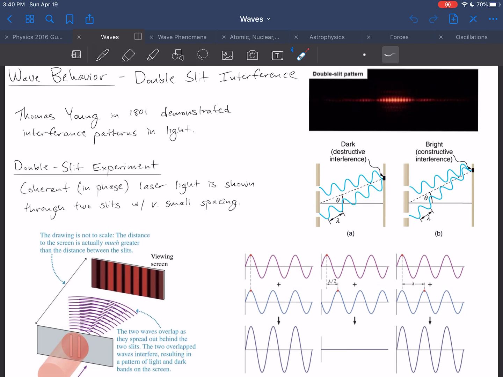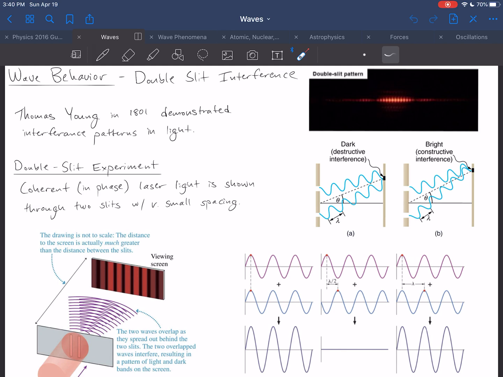Light comes to the wall from both slits, and imagine for a second that light is going to end up from both of those slits on that back wall. The spot right in the center, well, that's the same distance from both slits. And because it's the same distance, you'll have exactly the same wave shape arriving at the wall in phase.